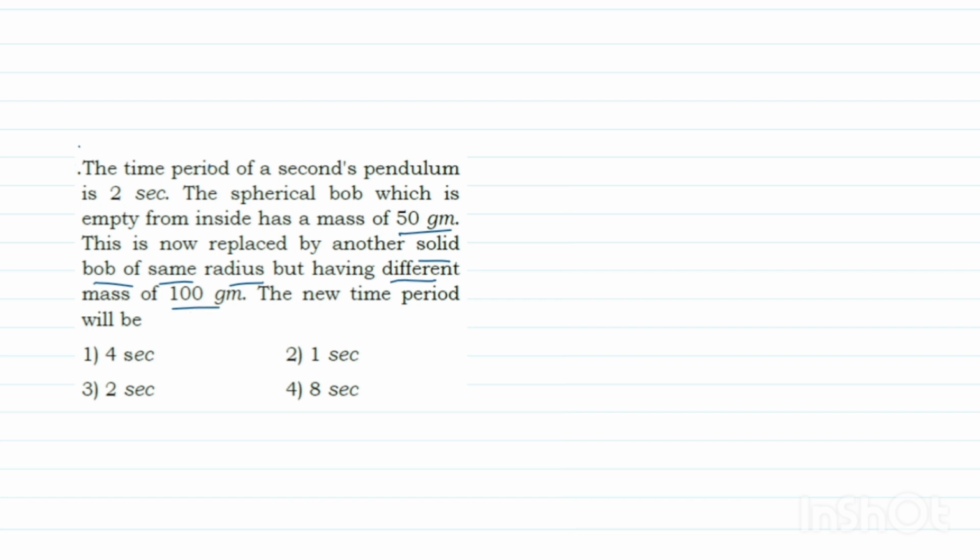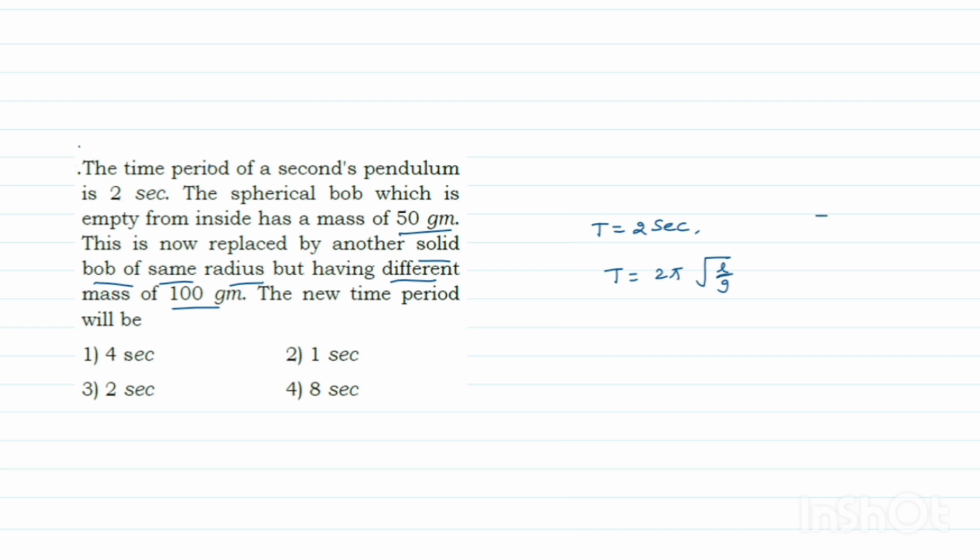So remember students, here initially the time period of the seconds pendulum is given as 2 seconds. The time period of the simple pendulum formula is T equals 2 pi root over L by g. It depends on the length of the pendulum and acceleration due to gravity.